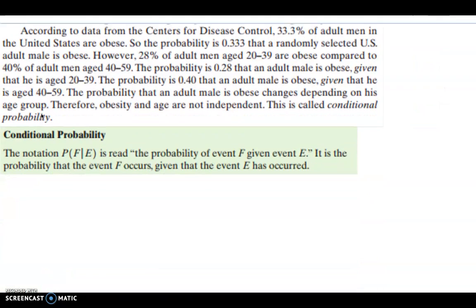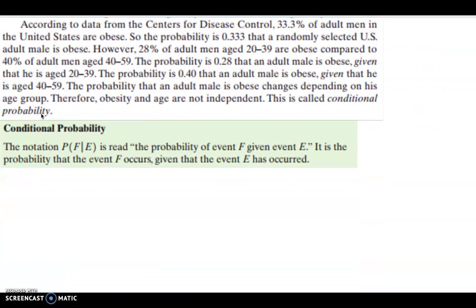So let's look at this example. According to some data from the Centers for Disease Control, 33% of all adult men in the United States are obese. So the probability is 0.33 that a randomly selected adult male is obese. You just randomly pick someone in the United States.